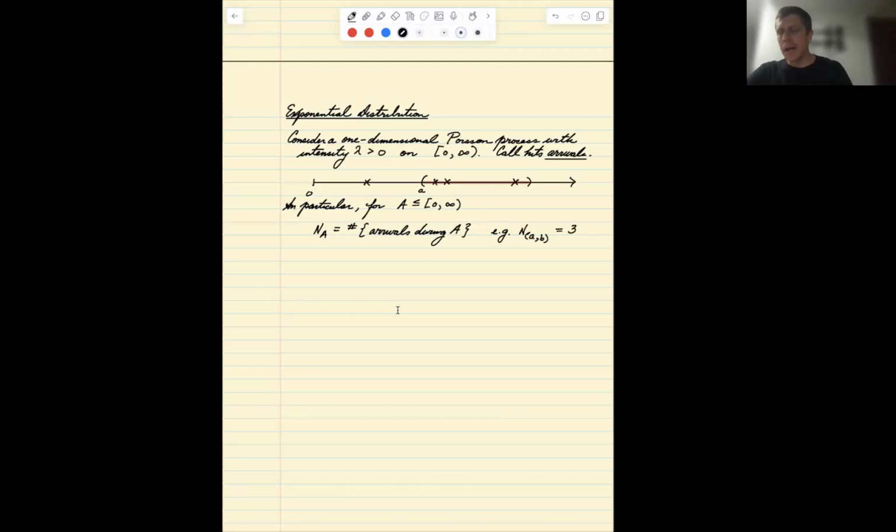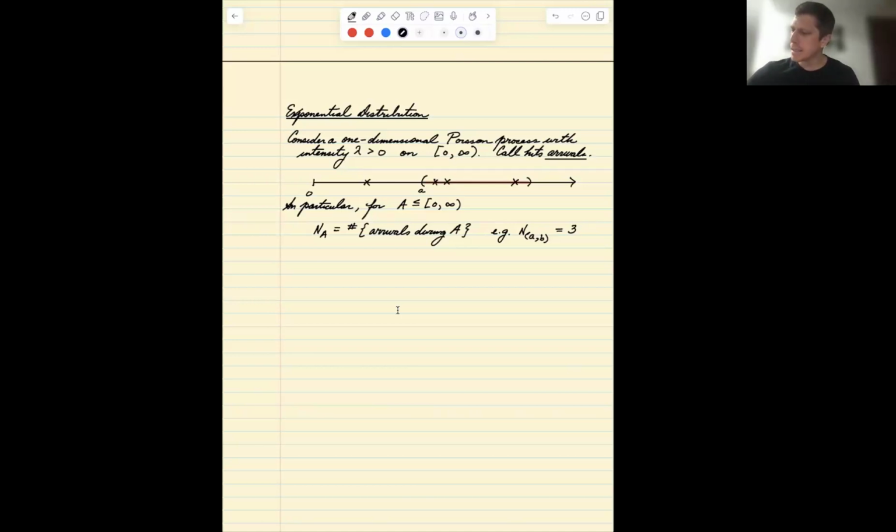This is a Poisson process. What are the assumptions of a Poisson process? The number of events that occur in a given region is Poisson with intensity lambda times the size of the region, and the counts in non-overlapping regions are independent.